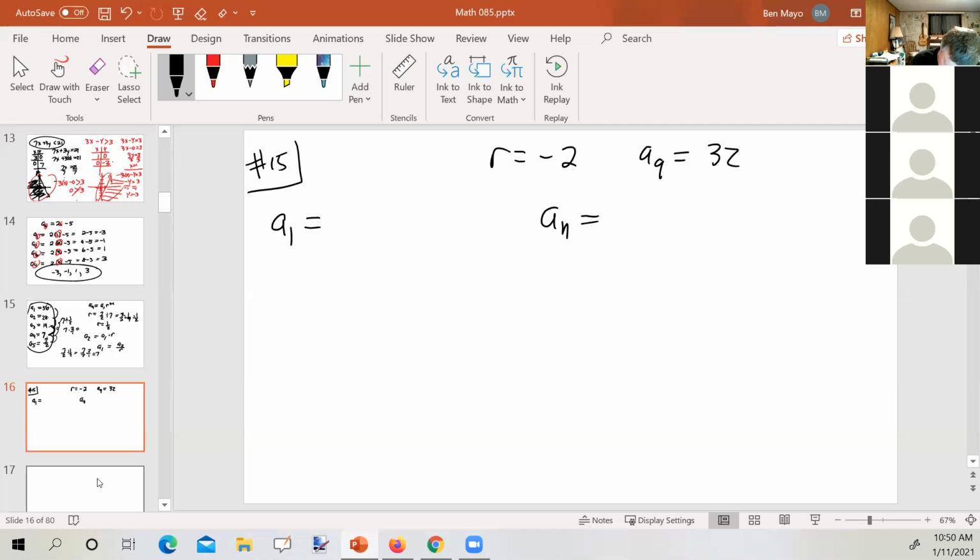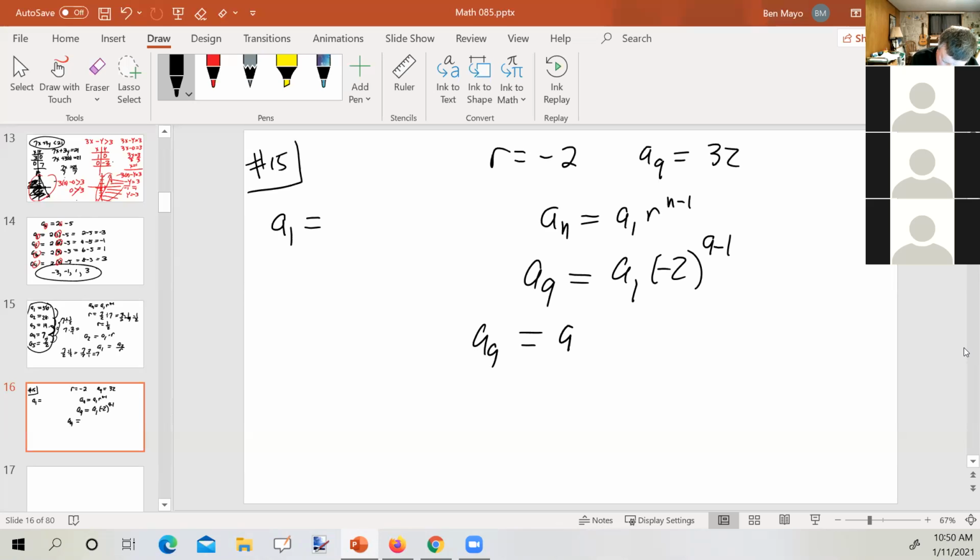Okay. This is a geometric sequence. So a sub n equals a sub 1 times r to the n minus 1 power. So a sub 9 equals a sub 1, which we don't know yet, times r, which is -2, to the n minus 1 or 9 minus 1 power. So a sub 9 equals a sub 1 times -2 to the 8th power.